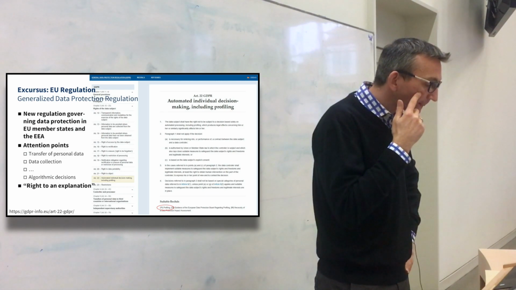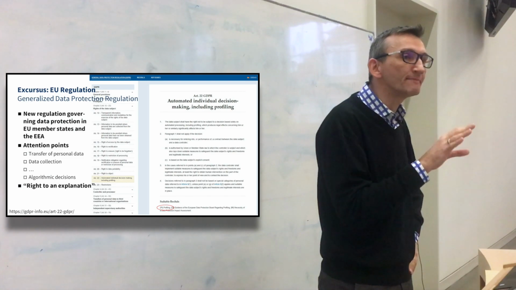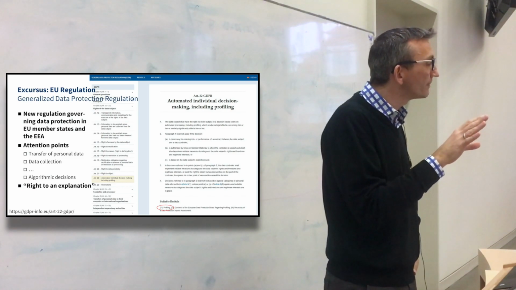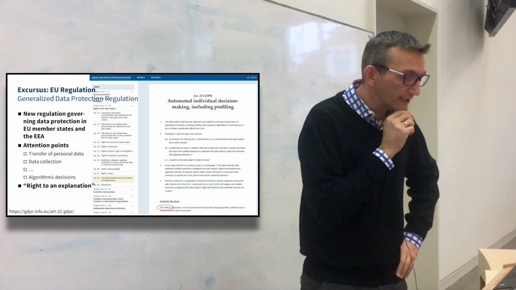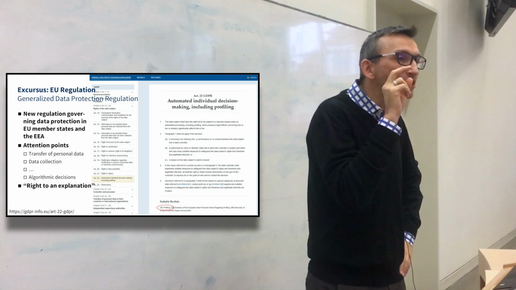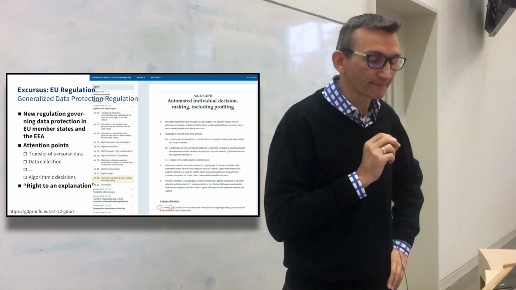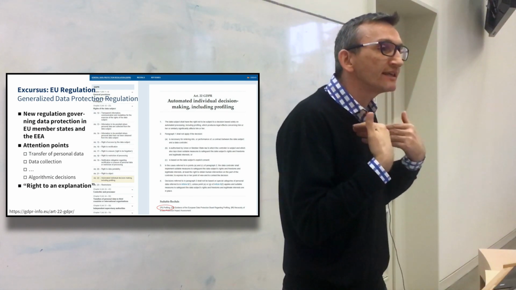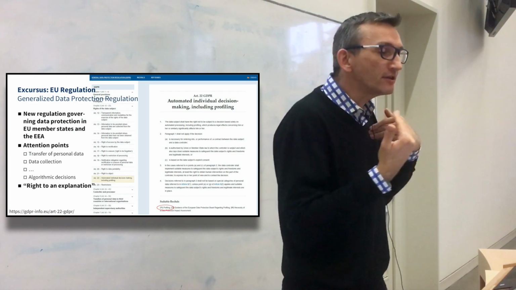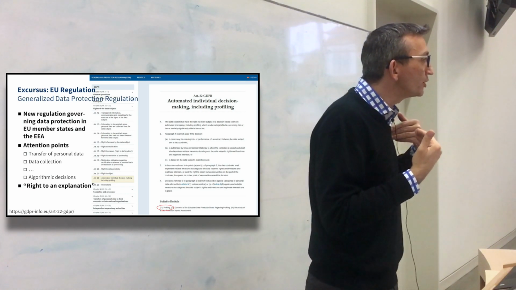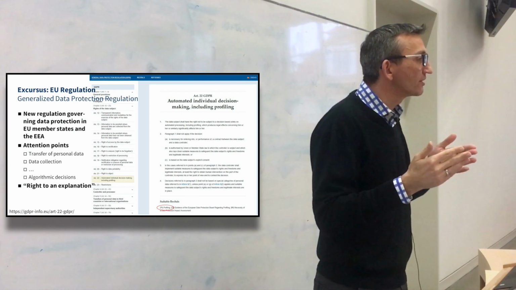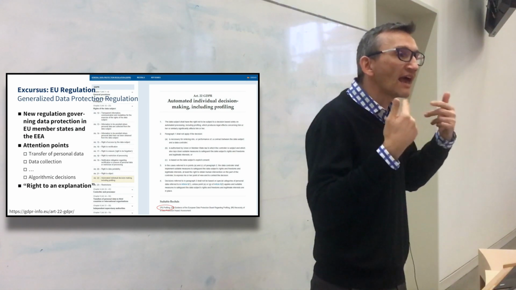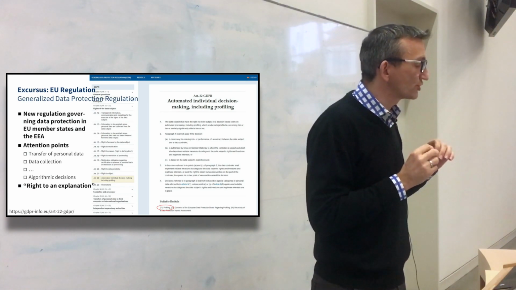And what often comes up, if you read about GDPR and algorithmic decision making, you will typically hear about a right of an explanation, which in a nutshell means that we as individuals, if we do business with a company and this company uses some algorithms to make decisions that affect us, we have the right for an explanation.